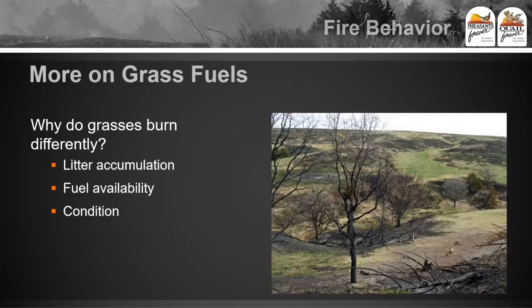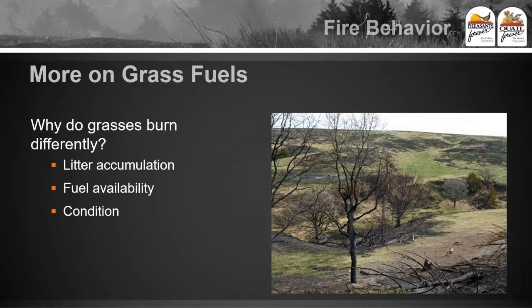Obviously, some grasses are going to burn differently, and one factor could be litter accumulation. So the compactness: maybe we get a really heavy snow and it pushes all the grass down. That could change our fire behavior just by the weight of that and the compactness of it.